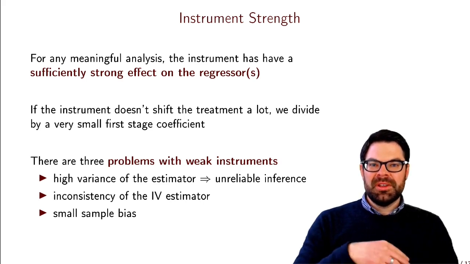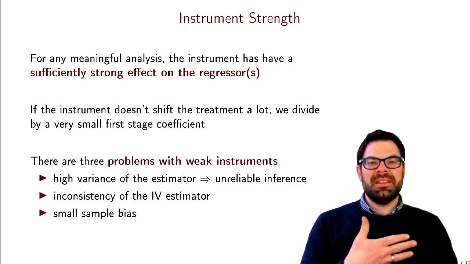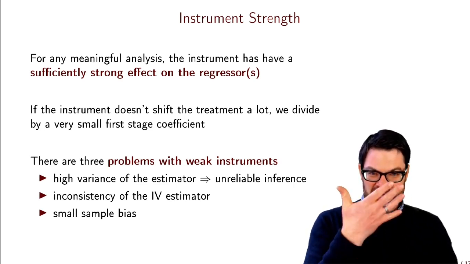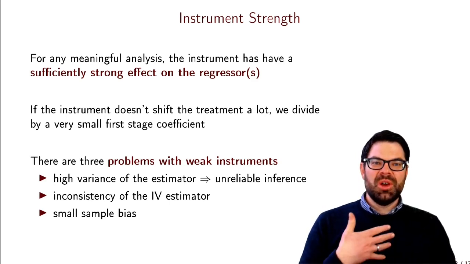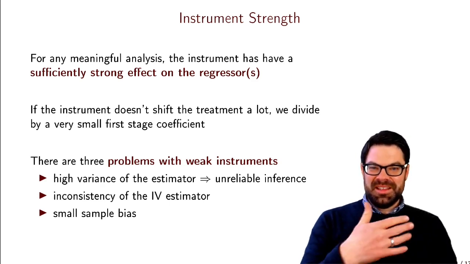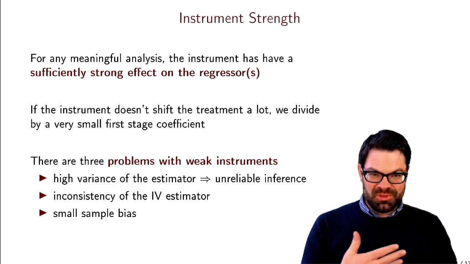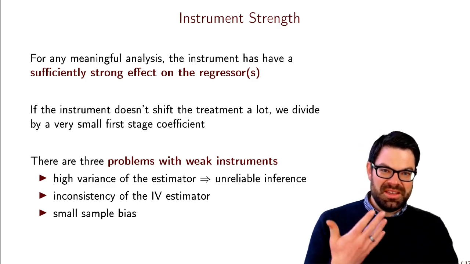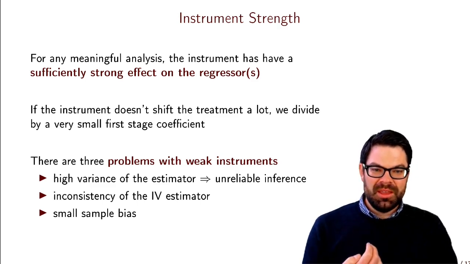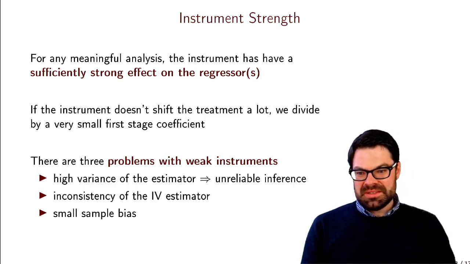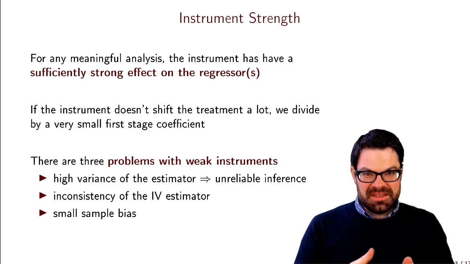And if the F statistic of that test of joint significance was significant, then we would conclude that the instrument is strong enough. But I will show you here in this video that it's not that easy.